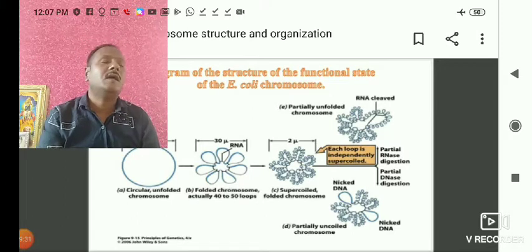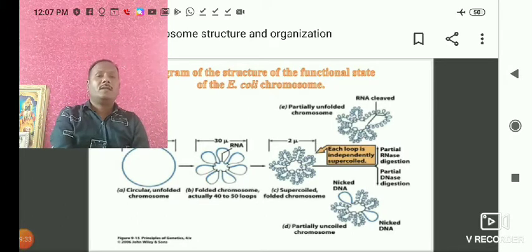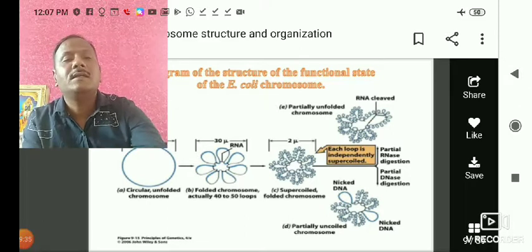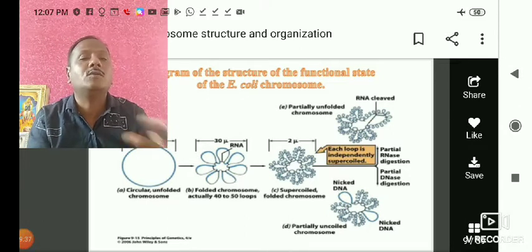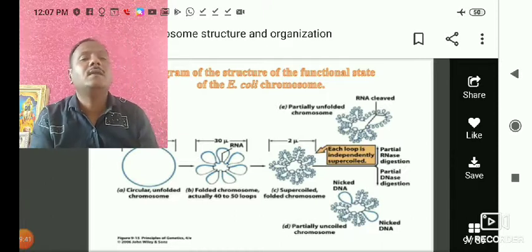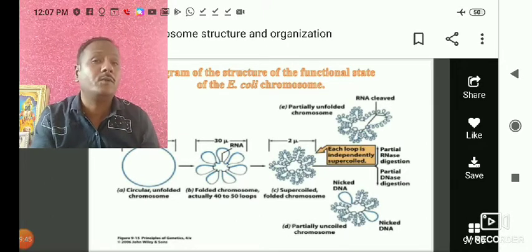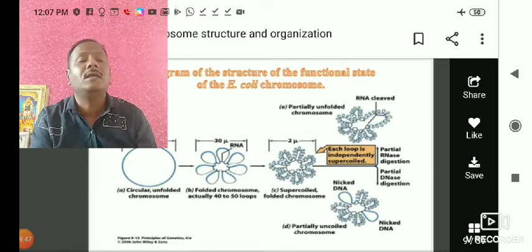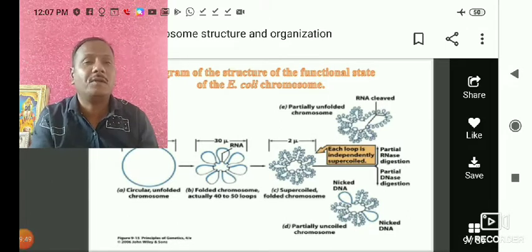Okay, this is all about the prokaryotic chromosome. Due to the supercoiling and the round spherical nature of the chromosomes of prokaryotes, they are very simple structures compared to eukaryotes, and it is very easy to handle them in the laboratory.